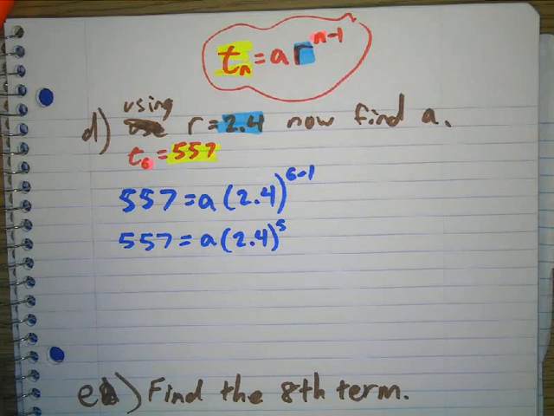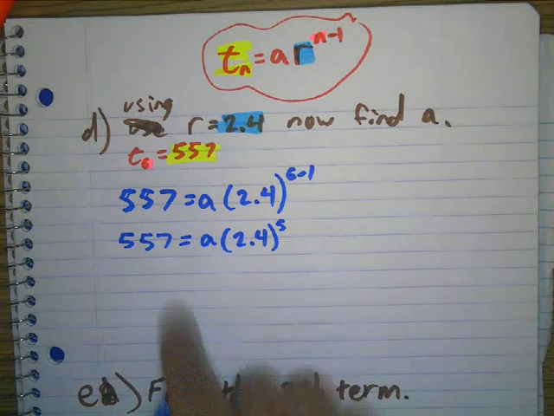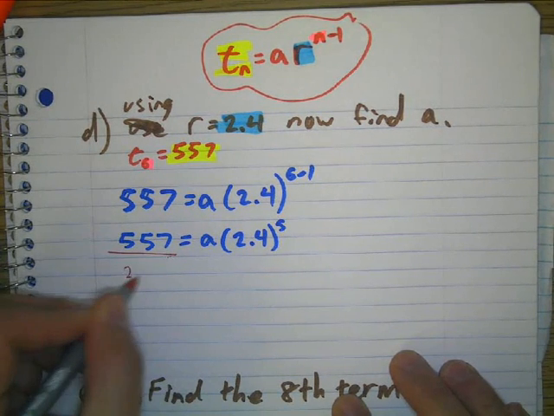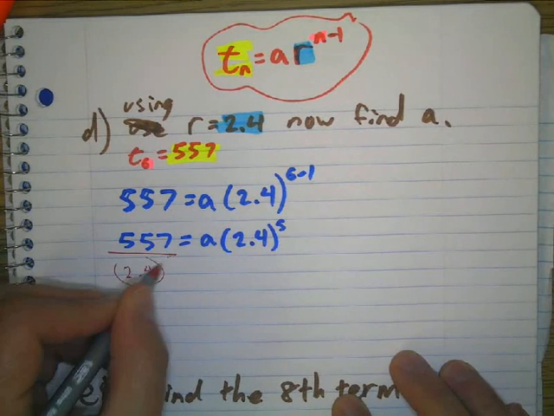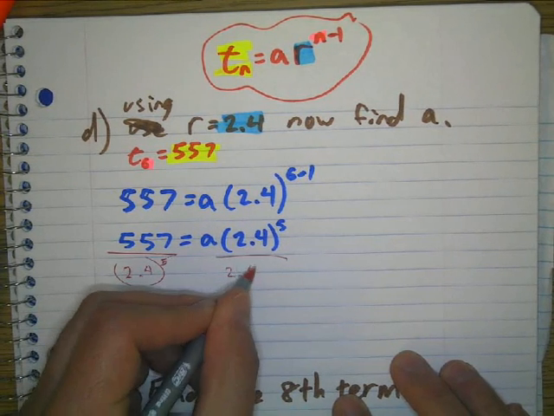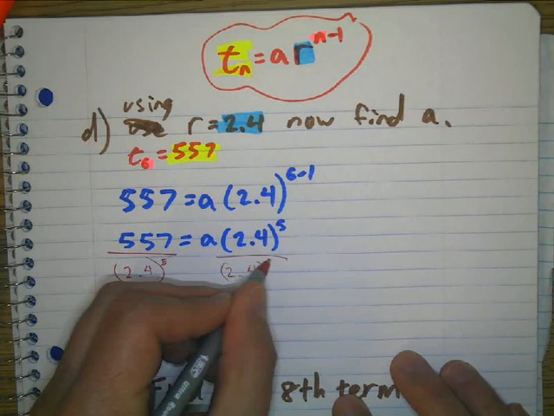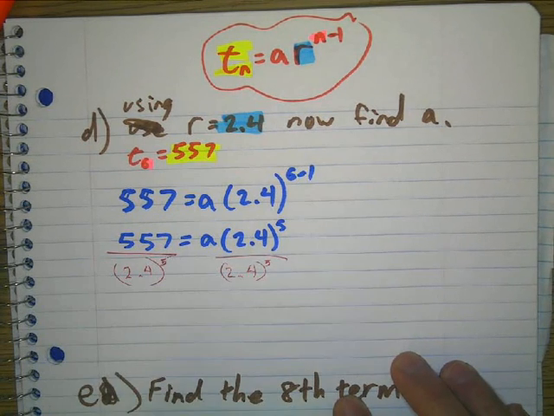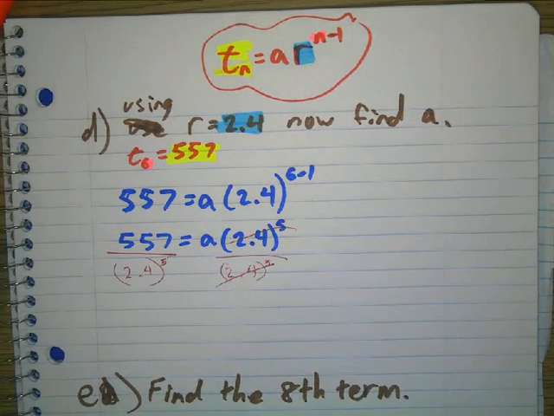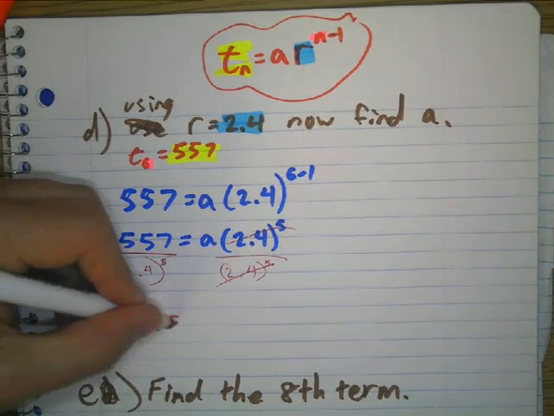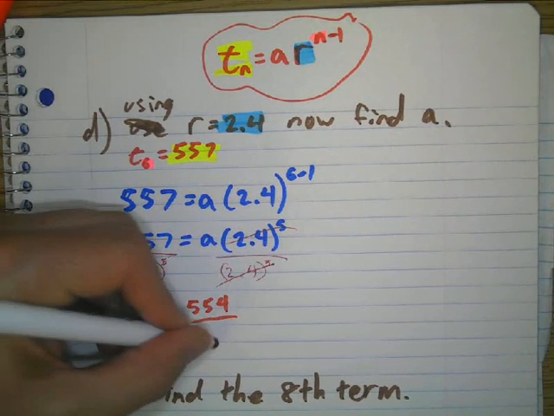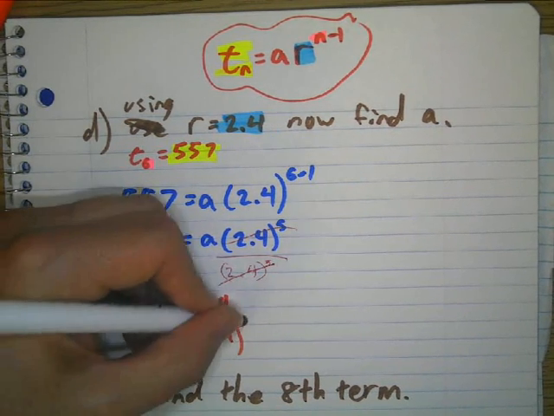And then we divide both sides by 2.4 to the 5th power, because if we do that, then we can cancel this out, and then we can solve for a. So a is equal to 557 divided by 2.4 to the 5th power.